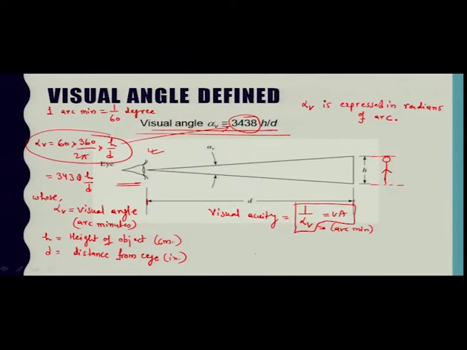For a person with normal visual acuity, if VA equals 1.0, it means the person can see an object that subtends an angle of 1 arc minute. This is the condition for normal vision.